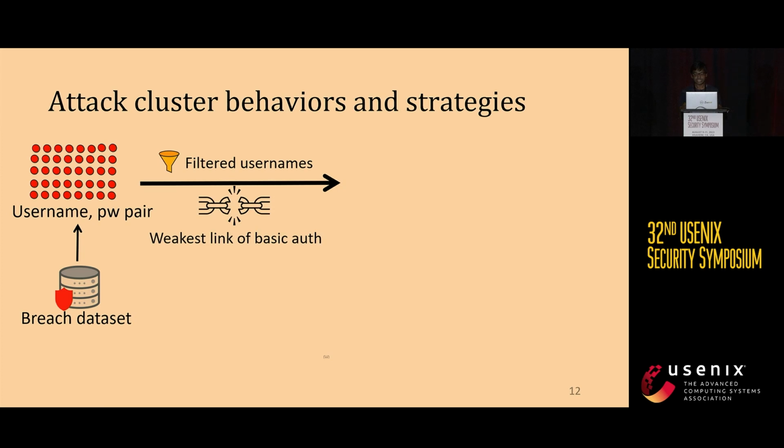And interestingly, the overwhelming majority of attackers target the weakest link of the authentication server. For us, it was the basic auth endpoint, because unlike other endpoints of the authentication server, it wasn't protected by an additional layer of security, such as two-factor authentication. So just by compromising a user's password, the attacker would be able to get into the user's account.